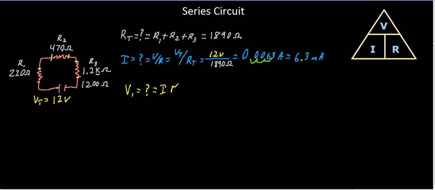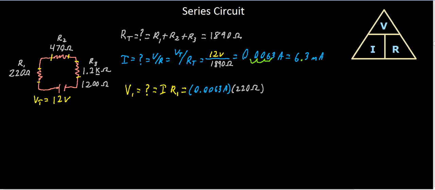It's current times resistance. If it's the voltage drop across resistor 1, we'll use resistor 1. And since there's only one current, we'll use that one current. So that's 0.0063 multiplied by our resistance, which for resistor 1 we said was 220 ohms.